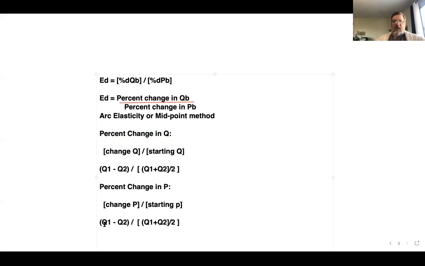Again, I just have to make sure that I have the order of the P's and the Q's the same in both these calculations, in order to make sure that I get everything right. And so now I've calculated the percentage change in the quantity and the percentage change in the price.